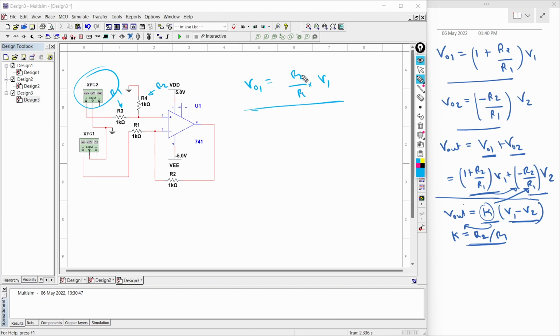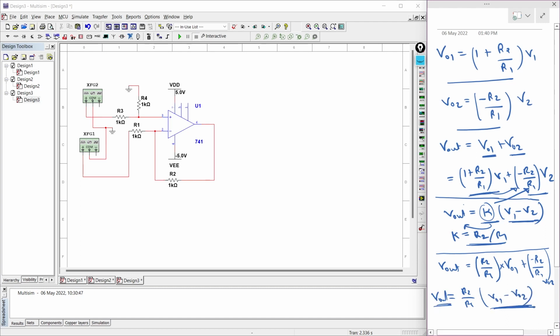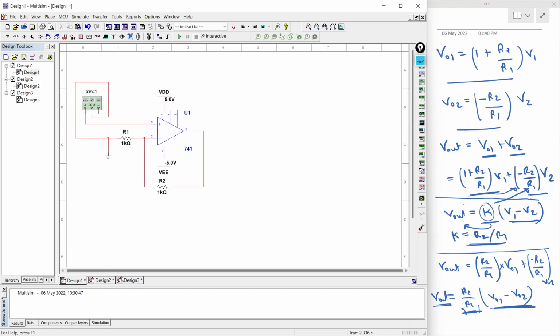And now if we place this VO1 over here, then what we will get? In this case, our output will be equal to the difference of two input voltages multiplied by this gain R2 by R1. And now let's see the simulation of all these 1, 2 and 3 circuits.